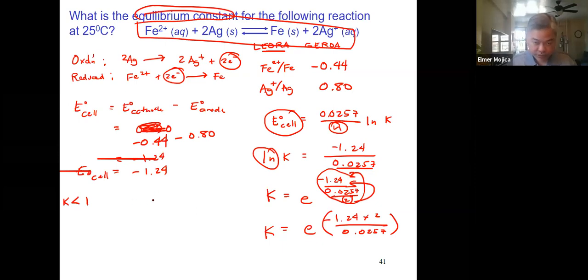I get around e raised to the negative 96.5, which is around 1.23 times 10 to the negative 42.